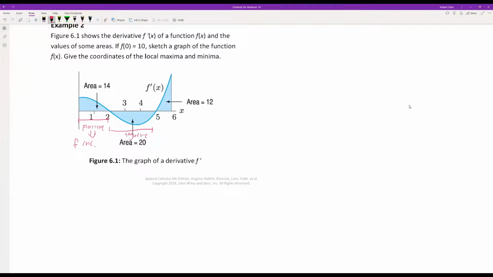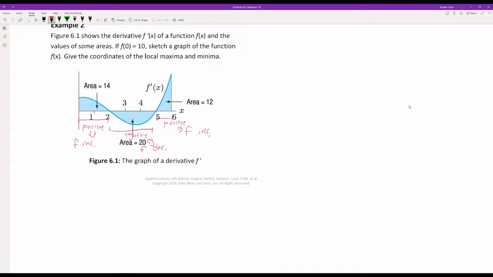Because the line between x equal to 2 and 5 is below the x-axis. That means f is going to be decreasing, right? And last but not least, between 5 and 6, this is positive again. That means f is going to be increasing, right?